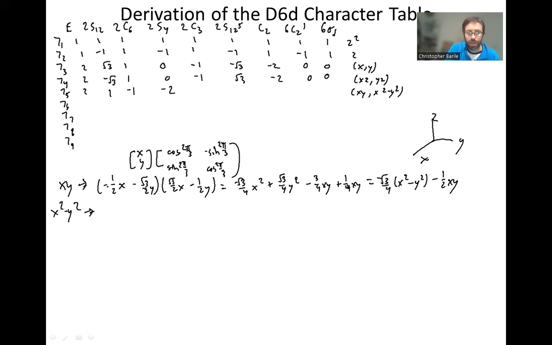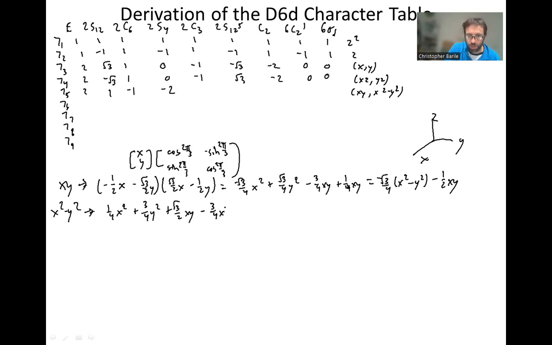Luckily, x squared, this is x, how x transforms. So how does that square? 1/4 x squared plus 3/4 y squared. And then the cross terms are positive root 3 over 2 xy. And then we have minus this term squared, so we have to remember that there's a minus sign there.